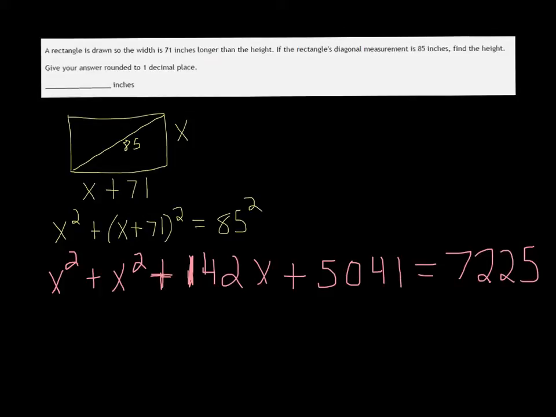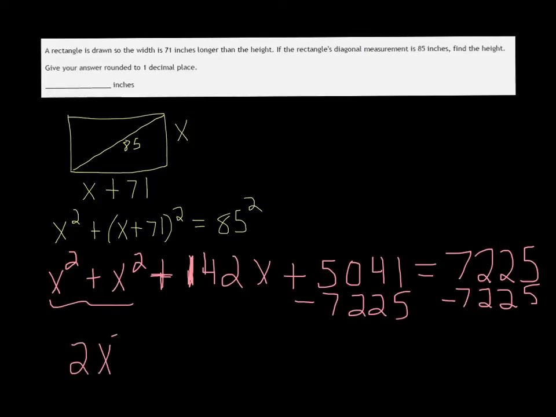Alright, we want to combine like terms, and we also want one side to be 0. So I'm going to subtract off this 7,225 from both sides and combine these. So we're going to get 2x squared plus 142x plus 5,041 minus the 7,225.